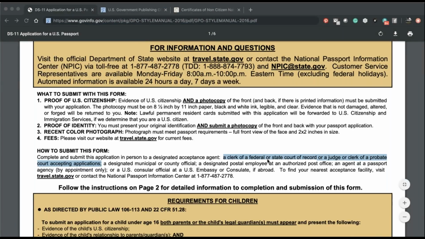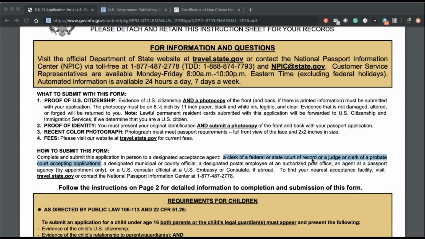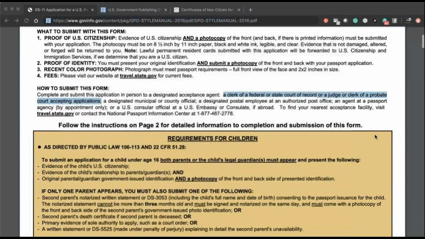A clerk of a federal or state court of record. Right there. Why is that first? It's first because this is where you have to go to formally tell them that you're not a U.S. citizen, but you are a national. All right. Now, there's some other words you added before that, and I teach those in detail in my seminars.